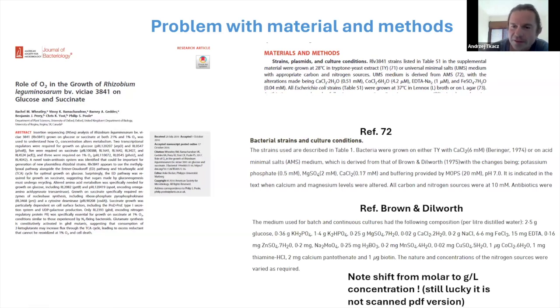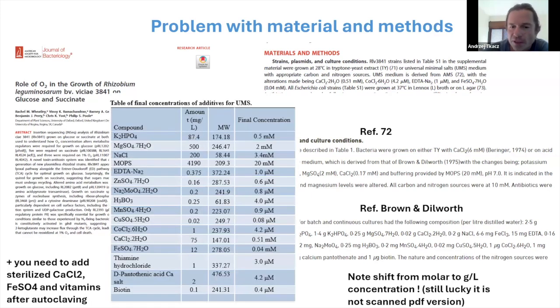If you go to that very paper, you have the rest of the recipe, but now the recipe is in grams per liter rather than in molarity. So in the end, you can get to this table, but it will cost you a lot of time and effort. And there will still be some small things like that: not everything can be autoclaved at the same time. So this is the media composition.